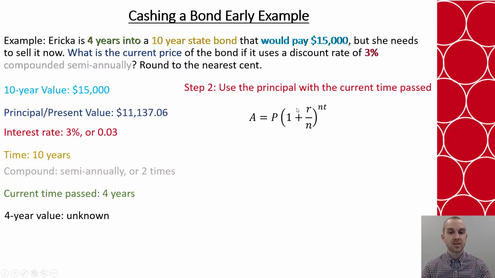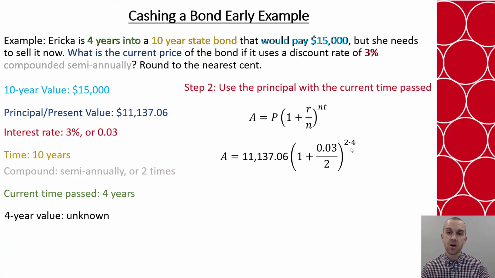I have my principal, and now time passed is the 4 years that I'm into it to determine its value. So I can use the $11,137.06. I've still got the 3% being compounded semi-annually. The big difference here is that now I'm using 4, because only 4 years have passed from the very beginning of when Erica started this bond.